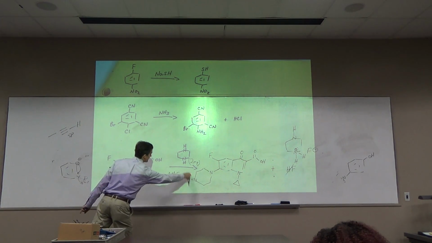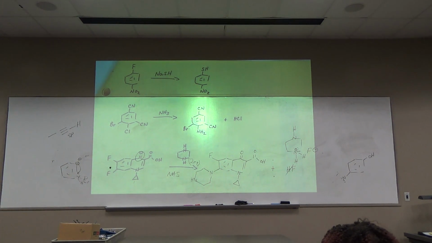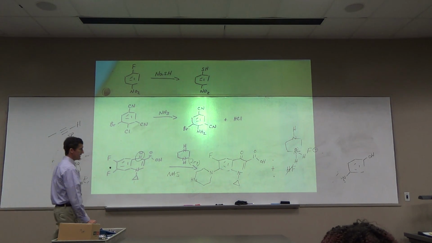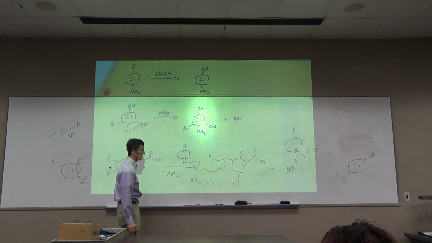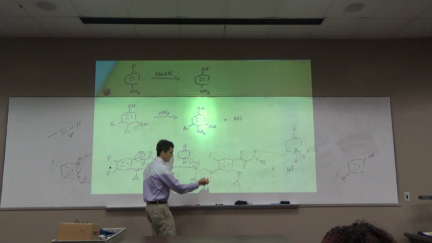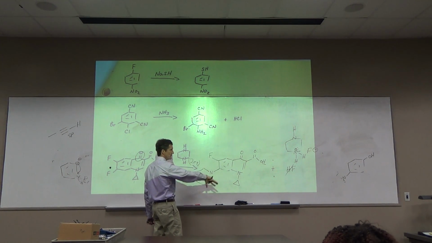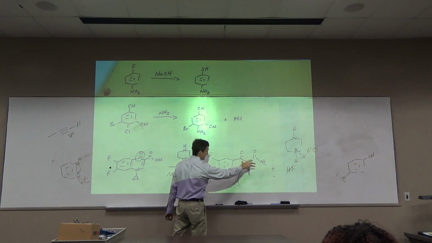Or you can include some other base, such as potassium carbonate. You also have a slight problem here because you've got an acidic proton here. There's some acid-base chemistry you've got to be careful about, and how to work up your product to get it in the neutral form.